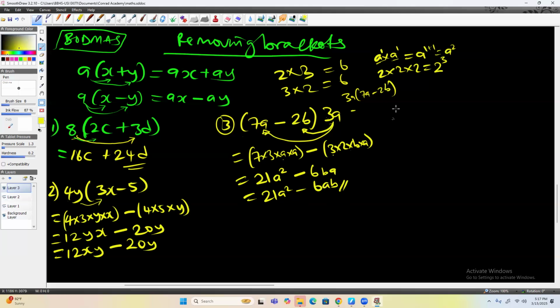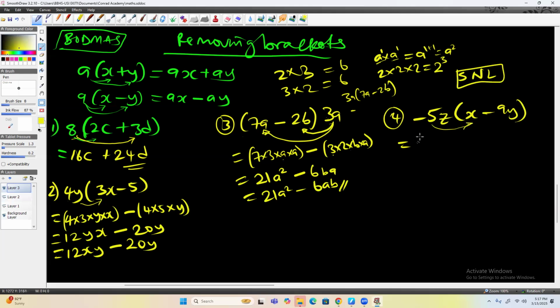Now there is a unique one which is very, very critical. Let me just touch this: negative 5z into x minus 9y. Now you see here we have a negative. We have to be very careful. This is where SNL comes to play: sign, number, letter. We start with the sign because negative 5z will multiply everything inside the bracket.